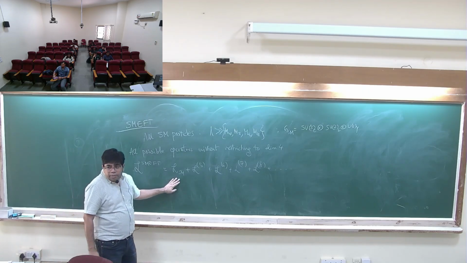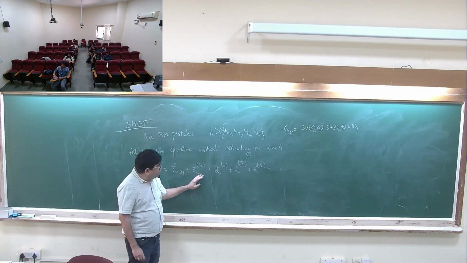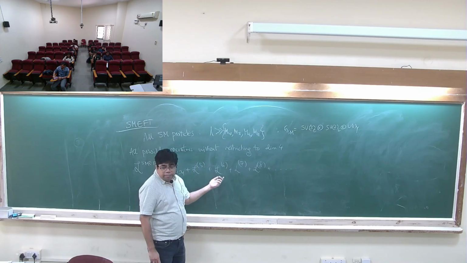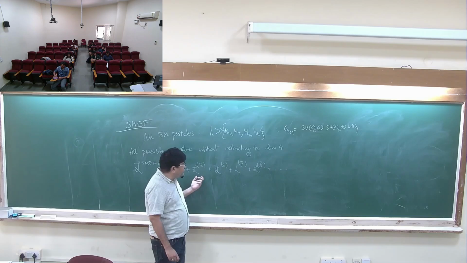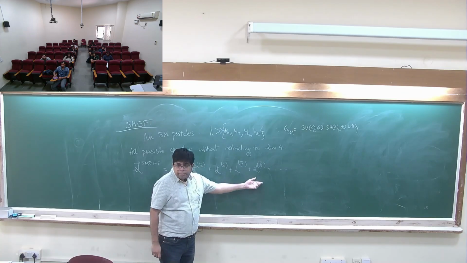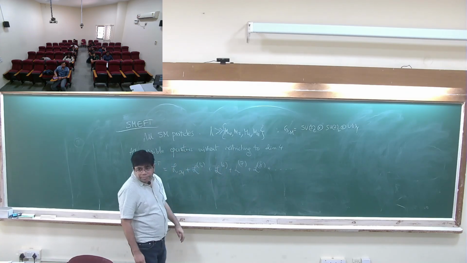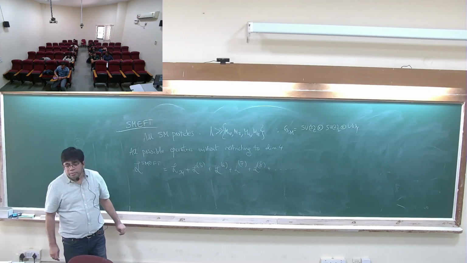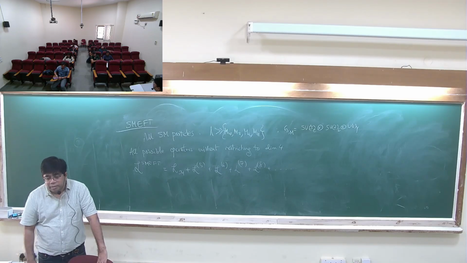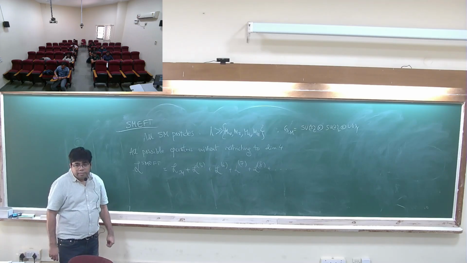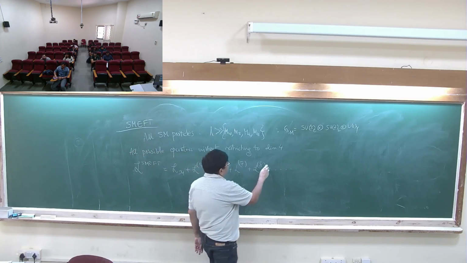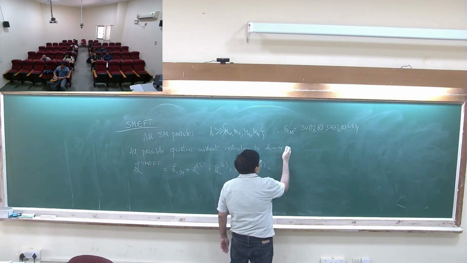So standard model, and L5, L6, L7, L8 mean dimension 5 operators, dimension 6 operators, dimension 7 operators, dimension 8 operators, and so on. Everything could be possible. There is no symmetry which can stop it essentially. The only symmetry which is possible is this symmetry.